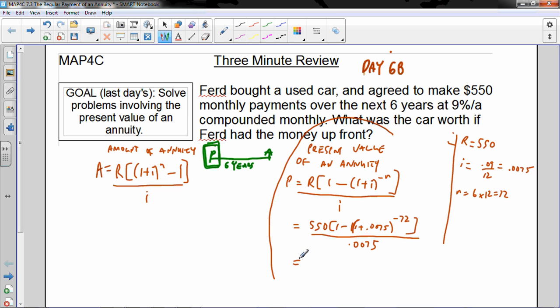We'll show you a couple examples today where we put stuff into a calculator, but you should get 30,512.27. That's a pretty expensive used car, I must say. But if he's paying $550 a month for 6 years, it better be, right? So he would pay that much up front.